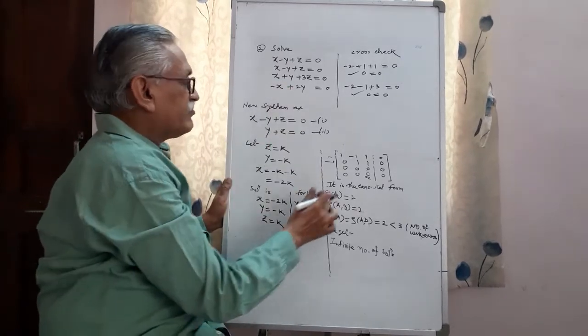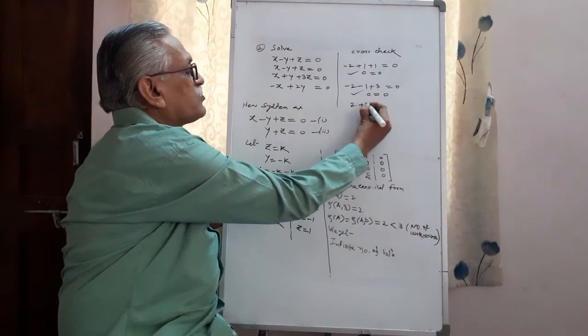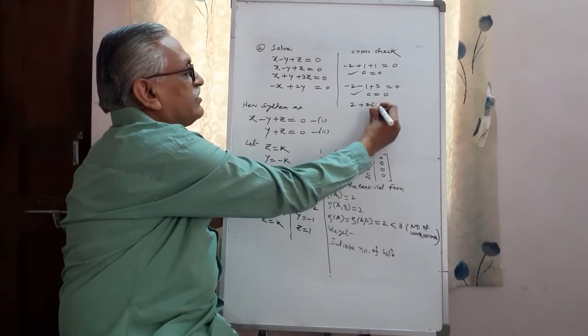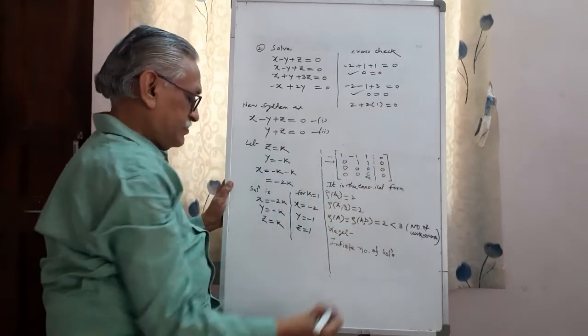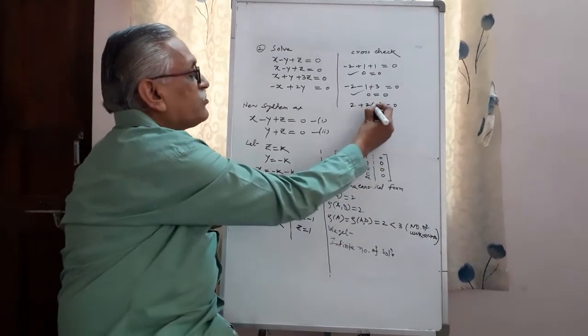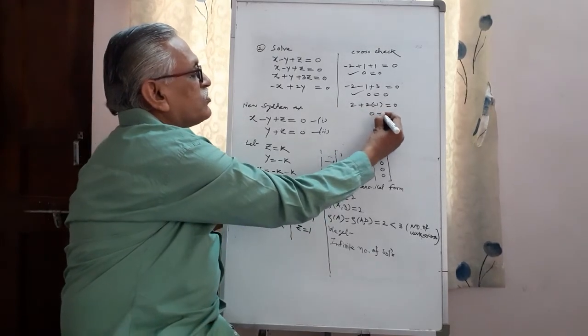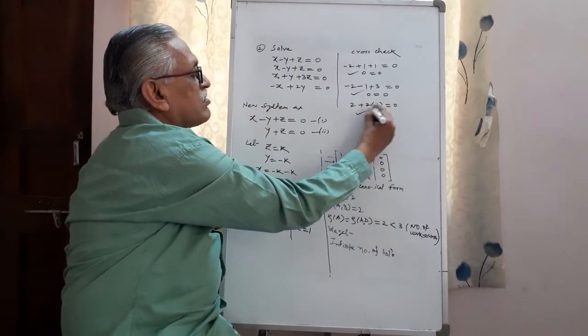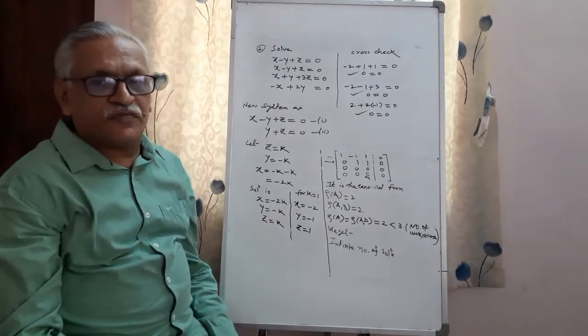Minus x, minus of minus 2 plus 2, plus 2 into y, y is minus 1, sorry. Therefore 2 minus 2 we get 0. It is equal to 0.